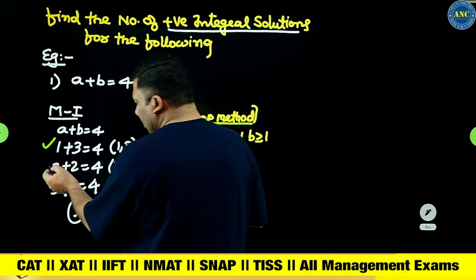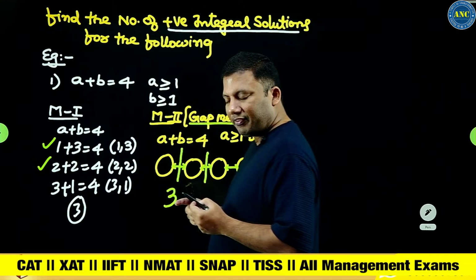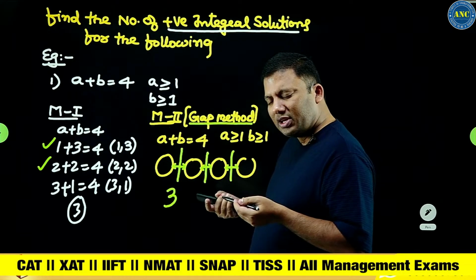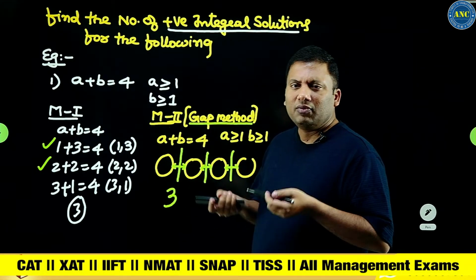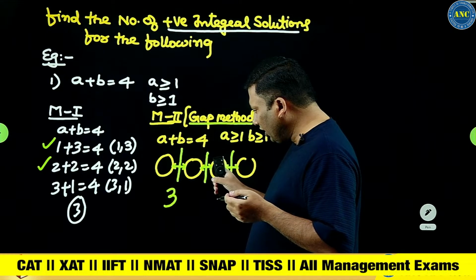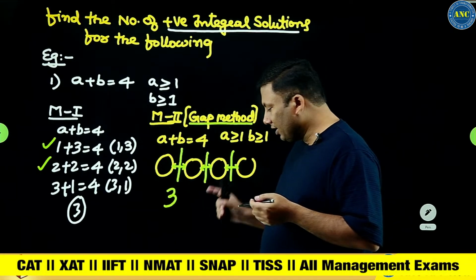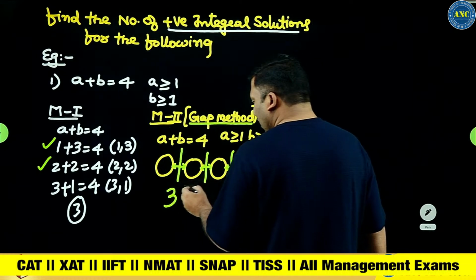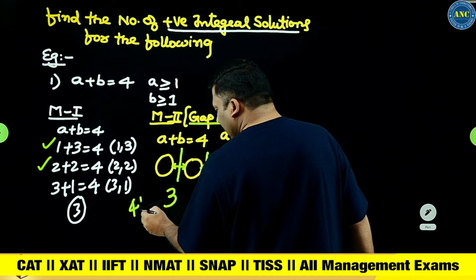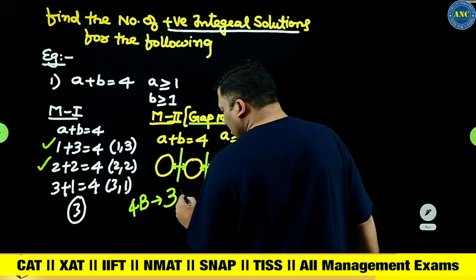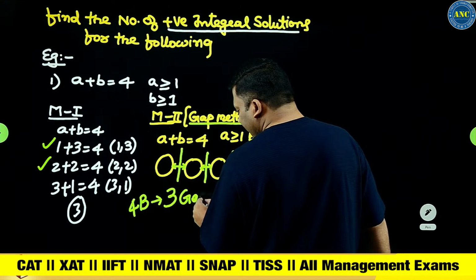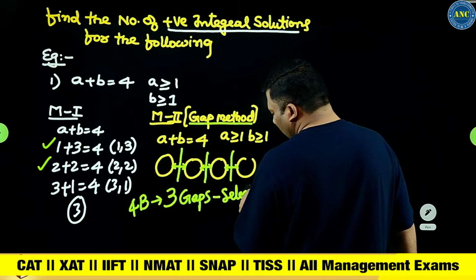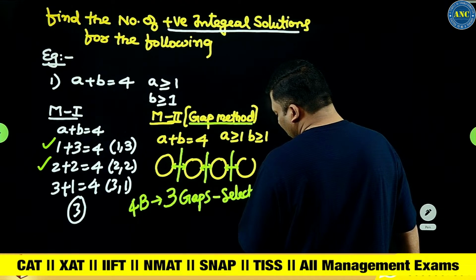This condition is fulfilled. If I select this gap, 3 balls will get into bucket A, 1 ball into bucket B. Selecting any one gap out of 3 gives you one solution. Listen carefully, first example: there are 3 gaps, select any one gap and you get one solution.